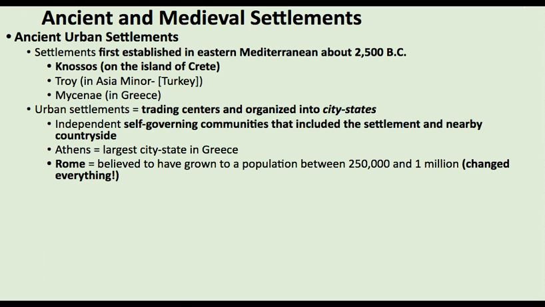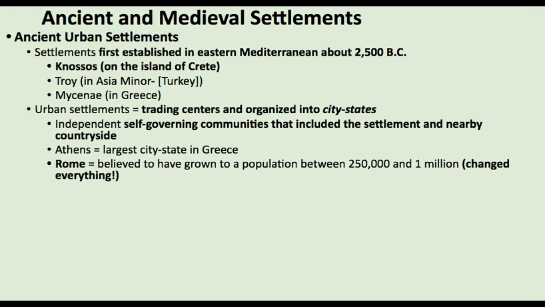Athens was another good example. It was the largest city state in Greece, and it came to control pretty much the entire Greek empire as it grew even bigger. Rome is another example of a city which became a city state and then eventually grew to change the whole landscape of what government looks like, what cities look like, and how important cities are.